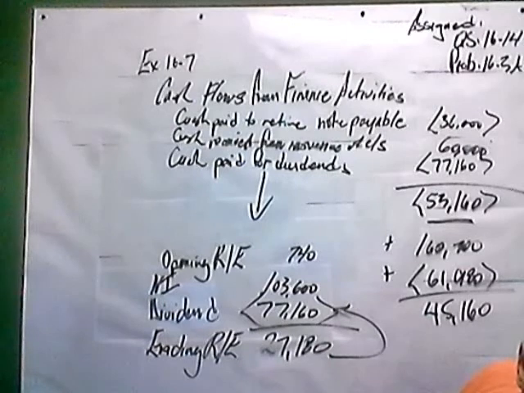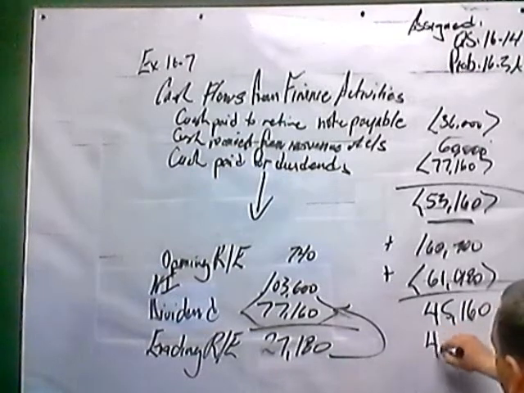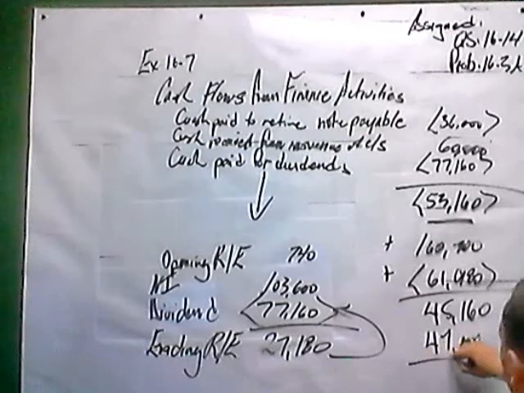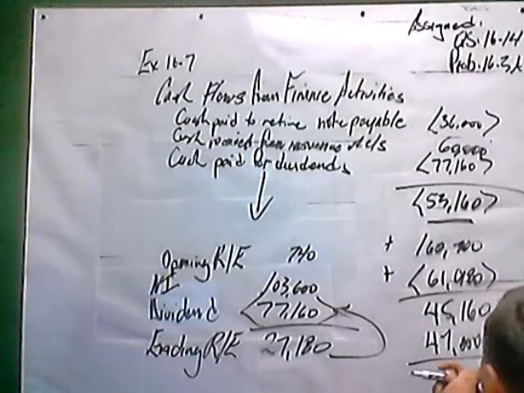Now, let's go back to the balance sheet. We started with a cash balance of 47,000. We add those together, and we should get our ending cash balance. Now, where did I go wrong?